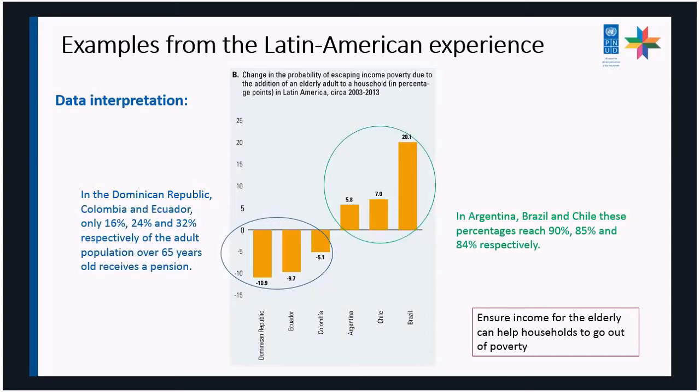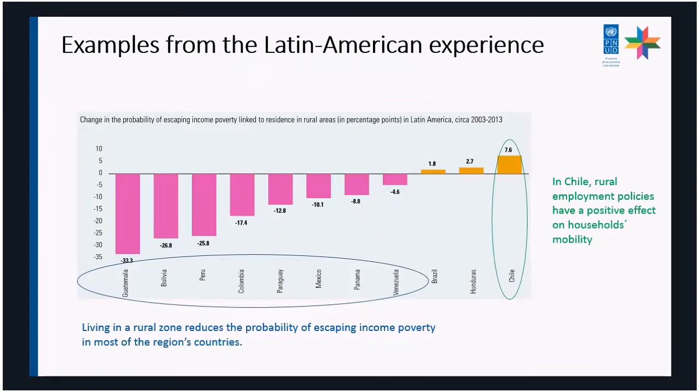Another example, the rural and urban divide. In many countries, it's important. We observe and we know, and it is evident, both by simple observation and by looking at the data, that there are huge gaps between the urban and rural areas in most of the Latin American countries.